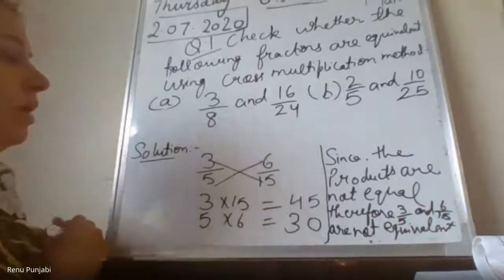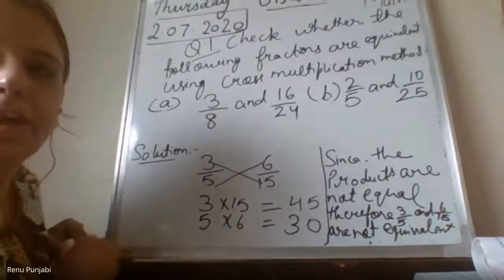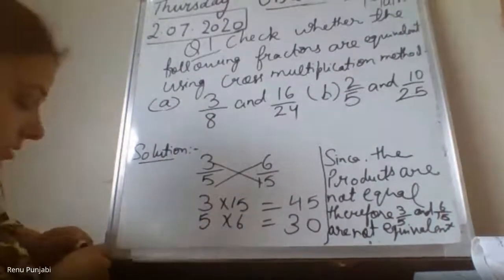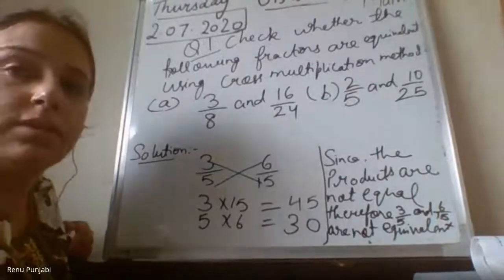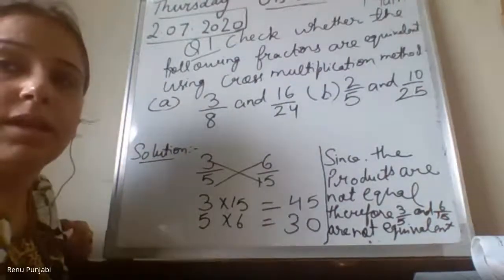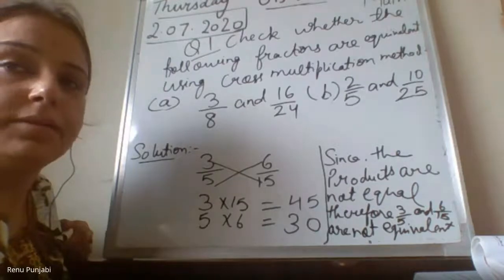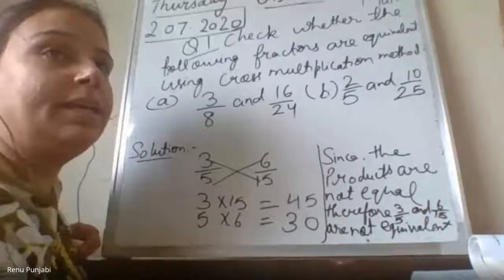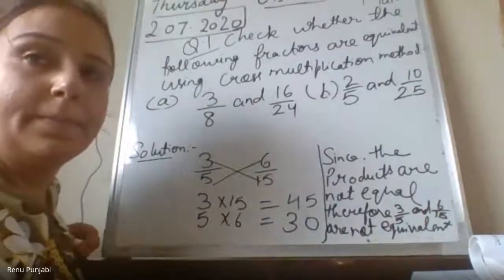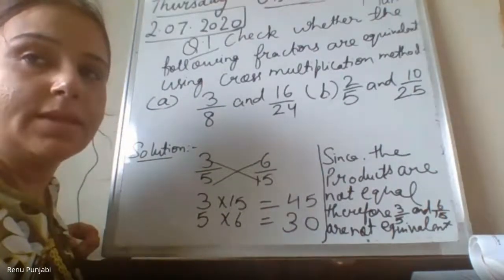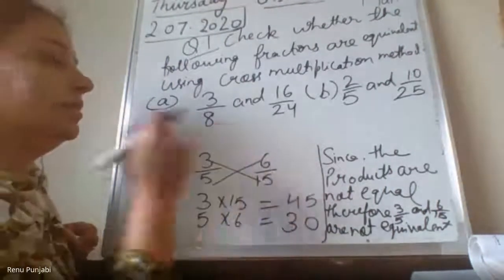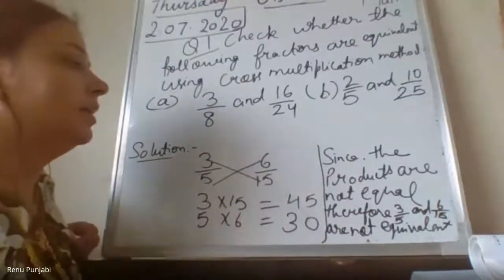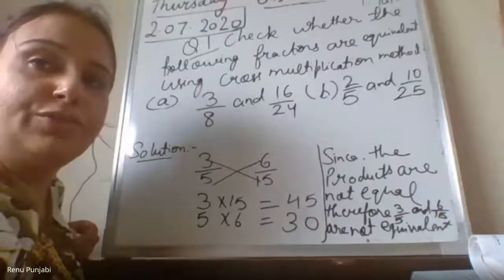So children, tell me what is the answer of the first? Are they equal? Ma'am, what have you written after multiplication? Method. Yes, I can see many of you are doing it.